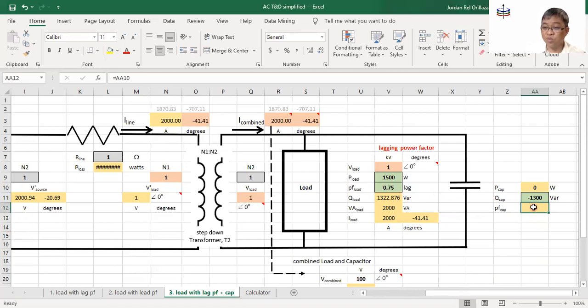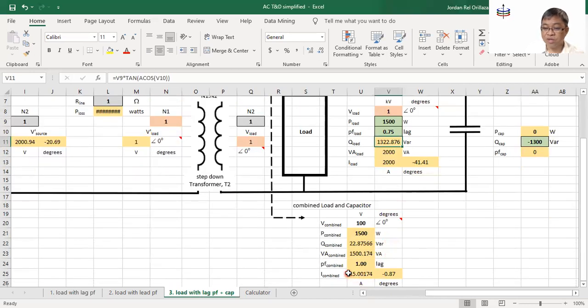So that will basically provide for the current here, and supposedly the current here will change. There you go. So that's the combined current there for the load and the capacitor. So that's a 15 ampere current now from previously 2000 ampere current there.